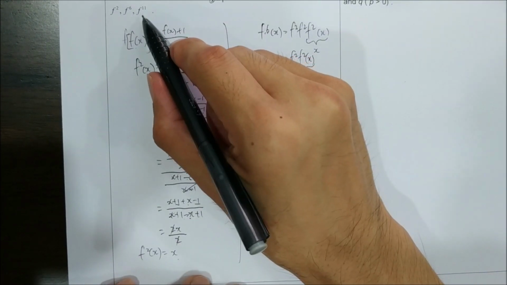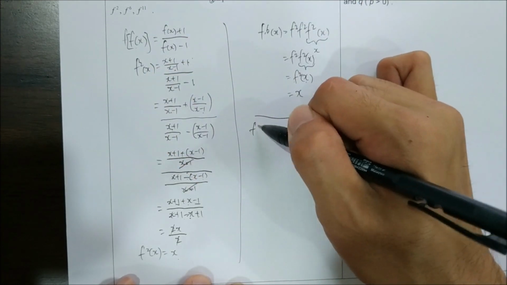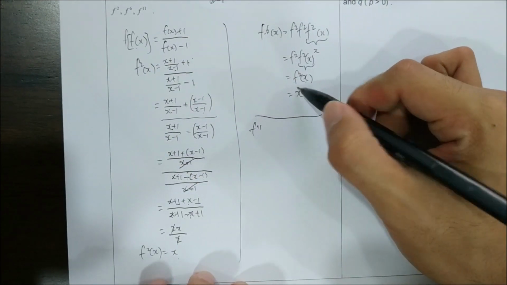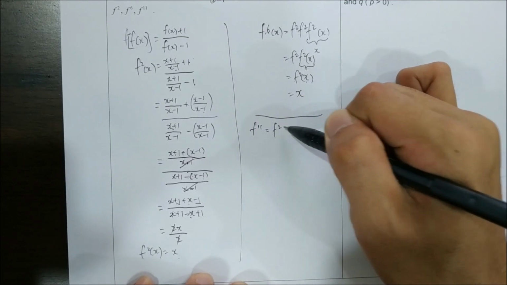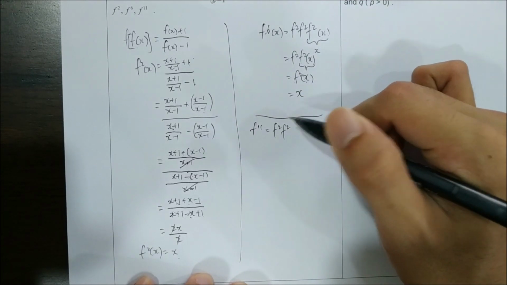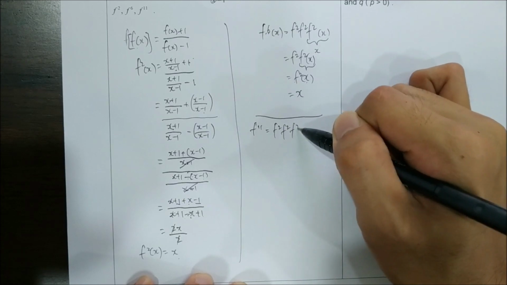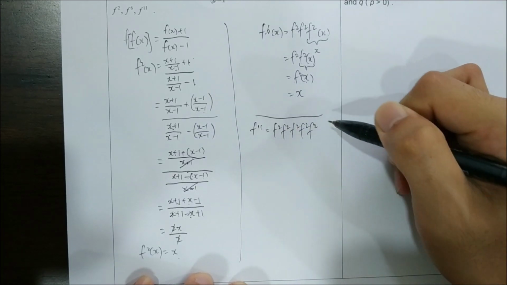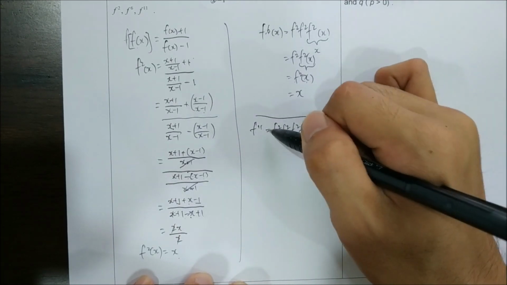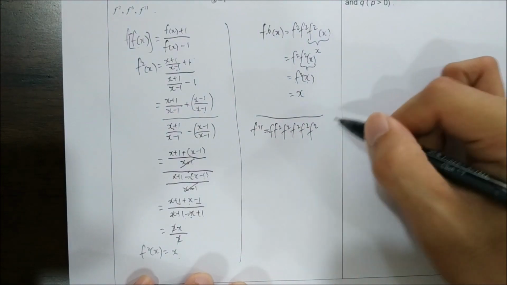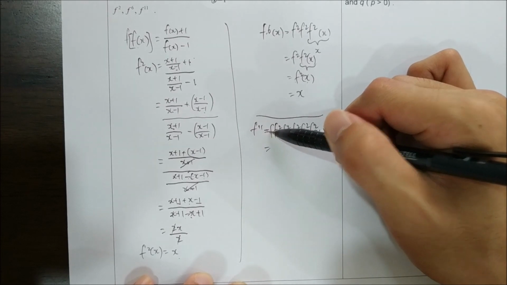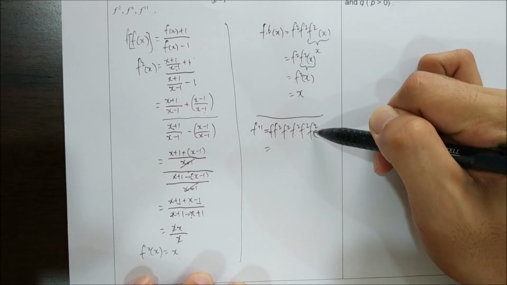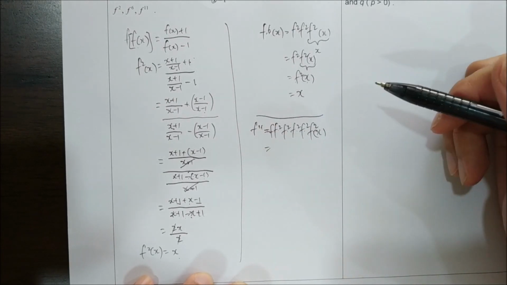Now we look at the next one, f^11. So f^11, I think you know that every f^2(x) becomes an x. So f^11 actually is f^2 and the last f, I think I put it in front here to make it easy. So we have 1 f plus 10 f here. So you have 11 f.